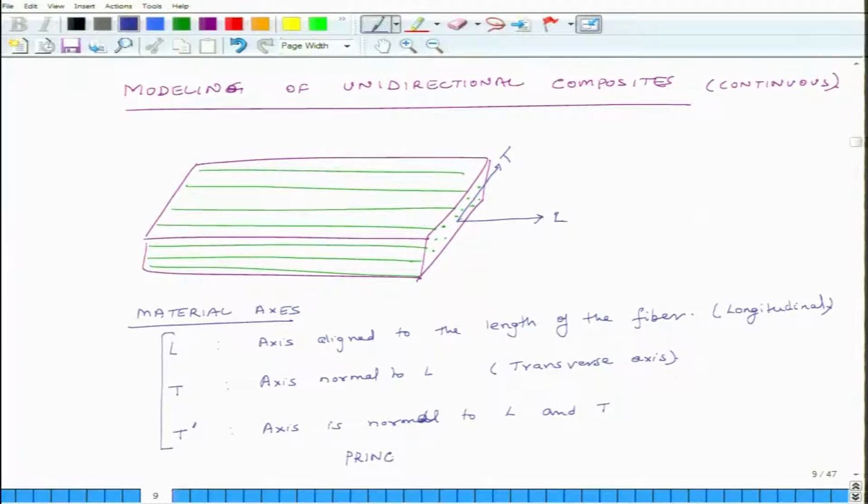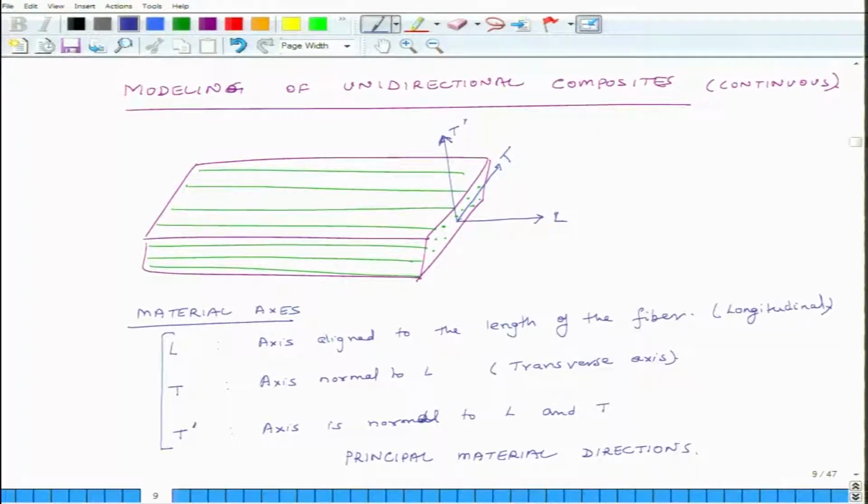It's the same thing. Either you call it material axes or principal material directions. So, where would T be located? T would be located something like this, T prime is located something like this. So, these are the 3 principal material axis directions.